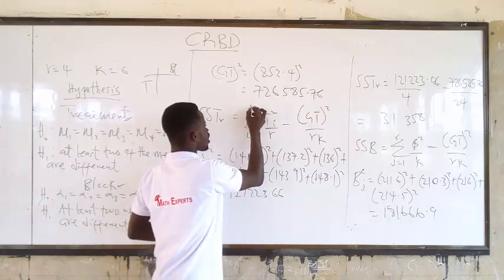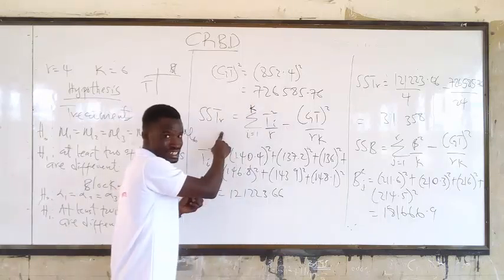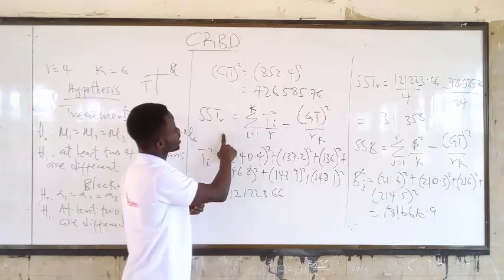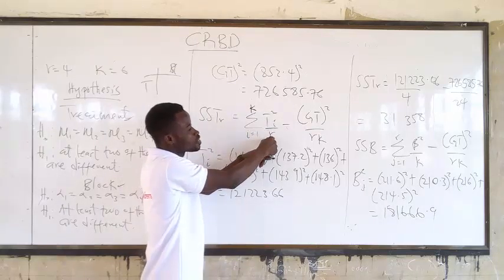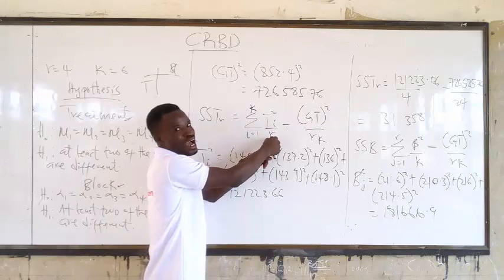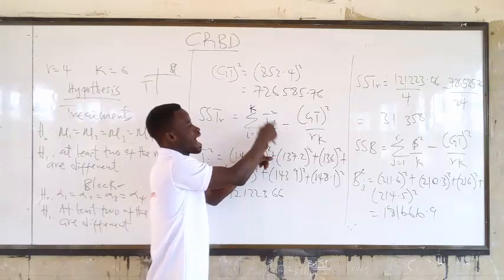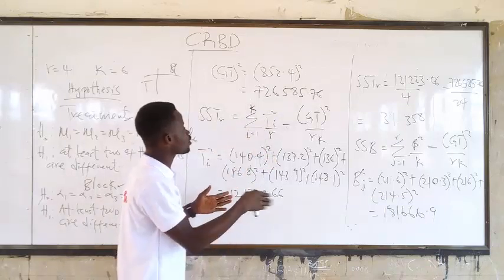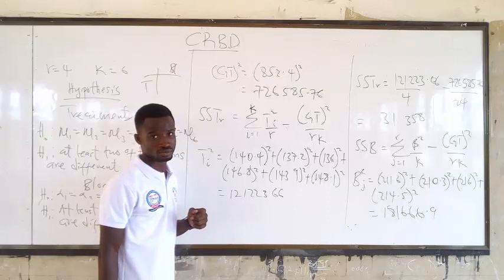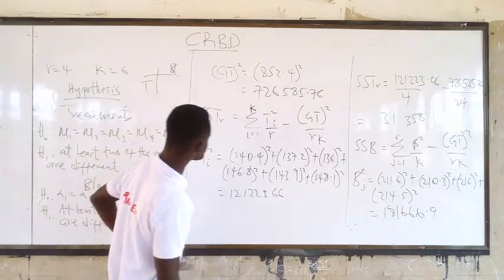See, if you are going for sum of square treatment, which is the K, then you divide it by its opposite. You don't divide it by K again, but you divide it by its opposite, and that is what? R. So the T square means the summation of the what? Of the T's. Don't forget that.